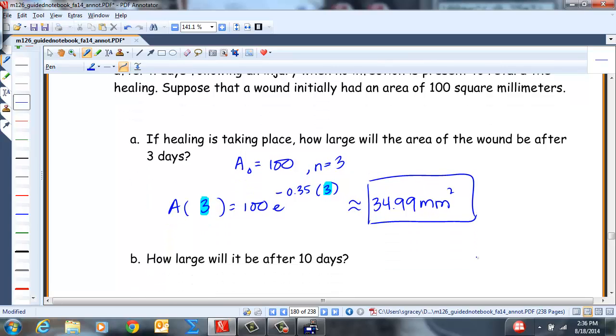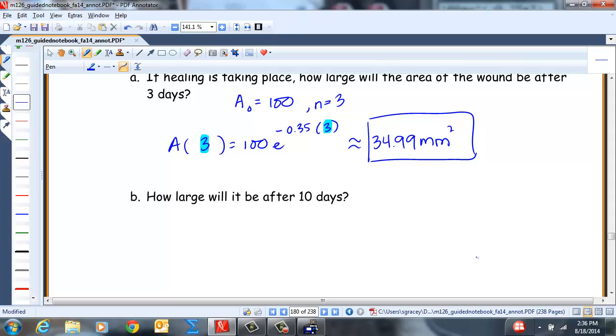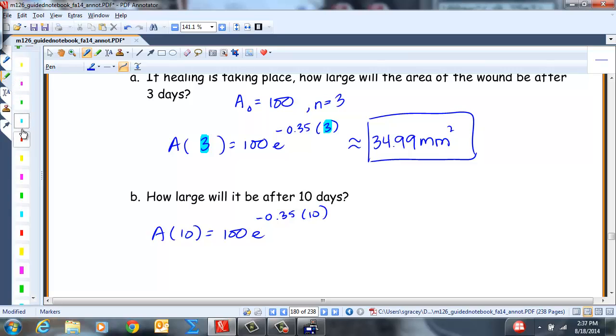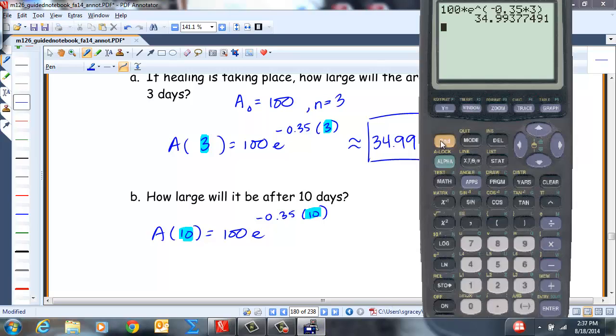Now after 10 days, let's see what happens. So now we're evaluating A at 10, which is 100 times e raised to the negative 0.35 times 10. So instead of plugging in 3, we're now plugging in 10. So let's see what we get. I'm just going to go second, enter, and then change this to 10.